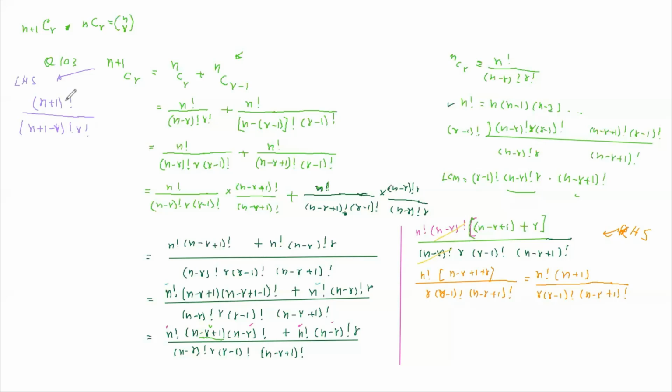Okay, so you observe this side, because we have r minus 1, I can expand r factorial on the top one. But we have (n minus r plus 1) factorial, the same, right? (n plus 1 minus r) factorial.